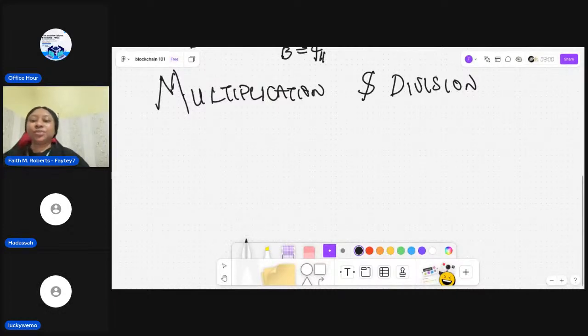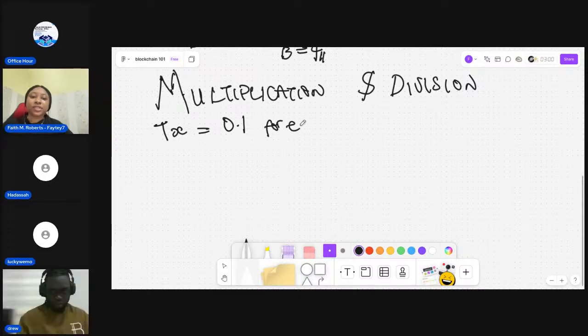So the example in the multiplication and division part is: the transaction fee is 0.1 tokens per unit of data, and a transaction has 10 units. What is the fee? So the transaction uses 0.1 for each unit of data.